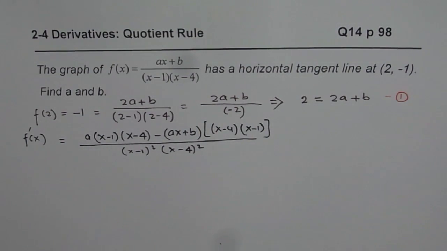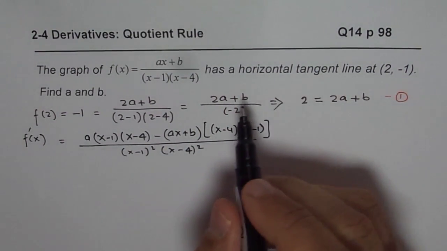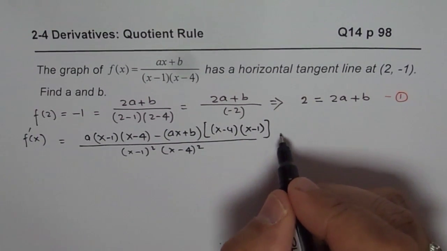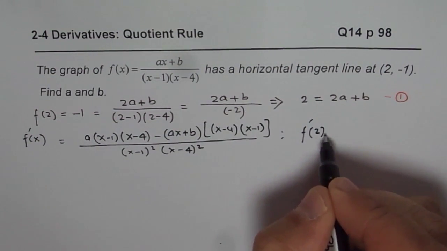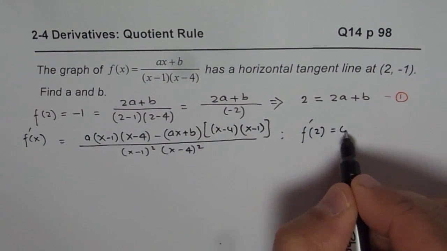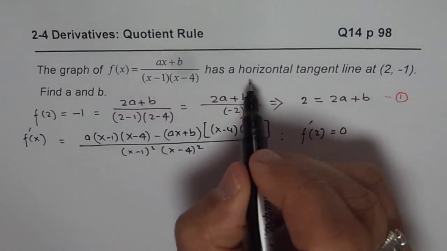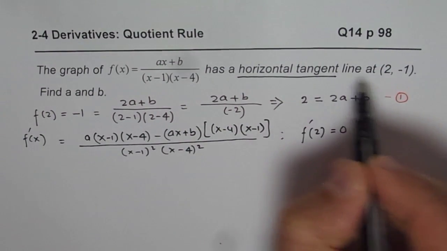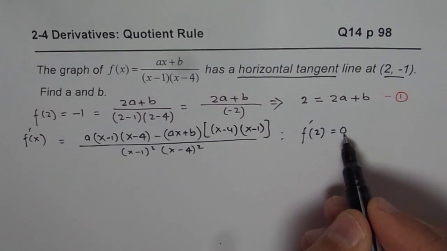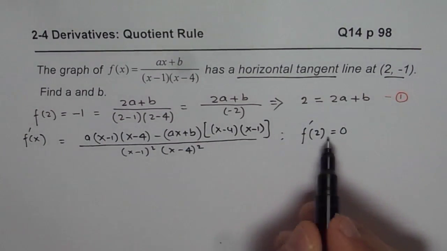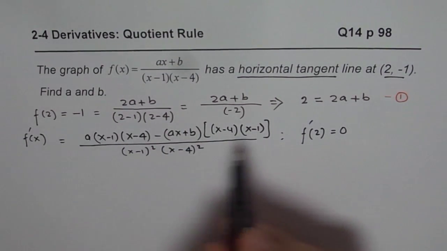Now, I will not simplify this, but I'll use the fact which is given to us, that f'(2) = 0, since we have a horizontal tangent at this point. Horizontal tangent means slope is 0. So if I substitute 2 for x and 0 for f'(x), I get my second equation.